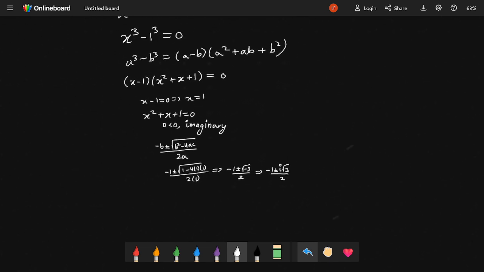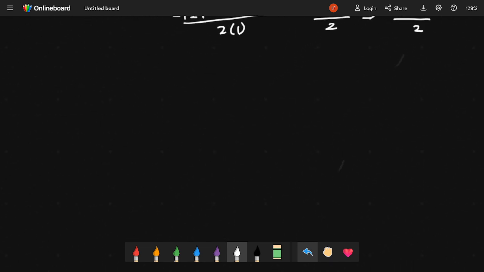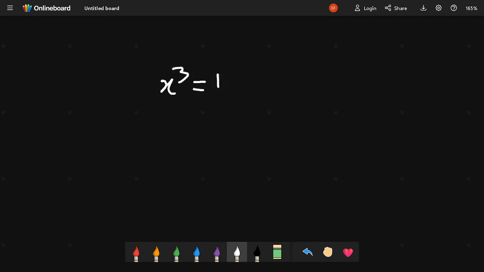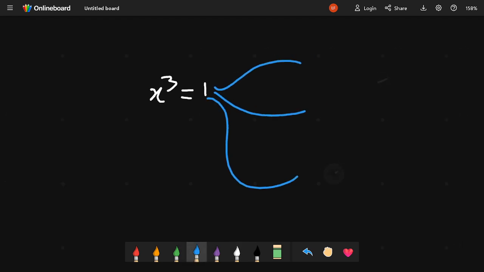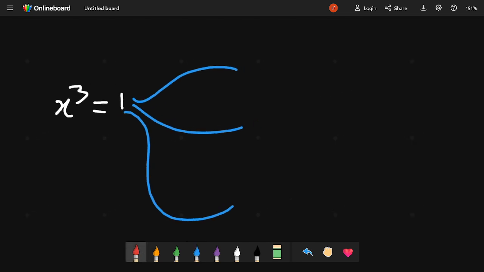So as you can see, when we solve this equation, x cubed equals 1, we got 3 different roots. One of them was 1. Another one of them was minus 1 plus i times the square root of 3 over 2.